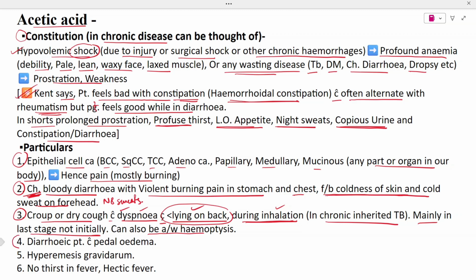Now the fourth point is the patient with pedal edema. If you see the single symptom, it says acetic acid is prescribed in case of pedal edema. There is no such cause. The kidney functions are normal, the cardiac activities are normal.